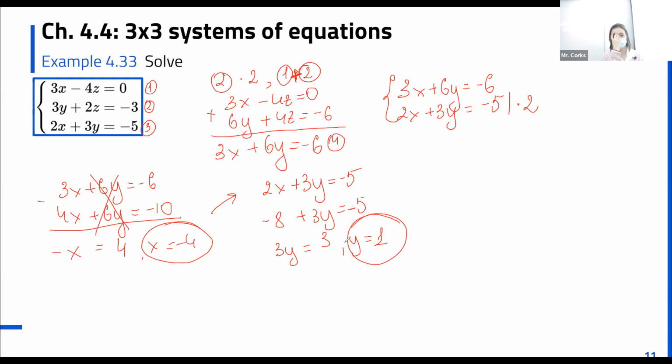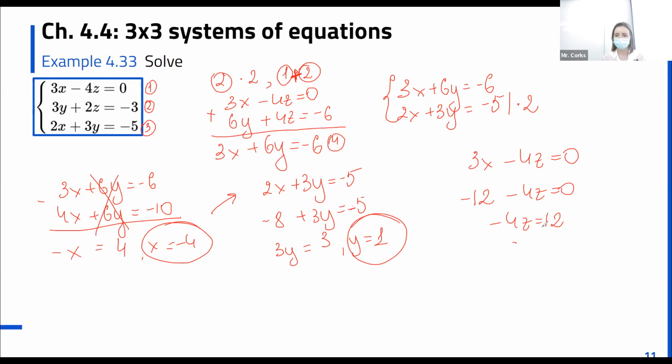And now we can use the same value of x to get our value of z from the first equation. Minus 12, because x is minus 4, minus 4z equals 0. So minus 4z equals 12.